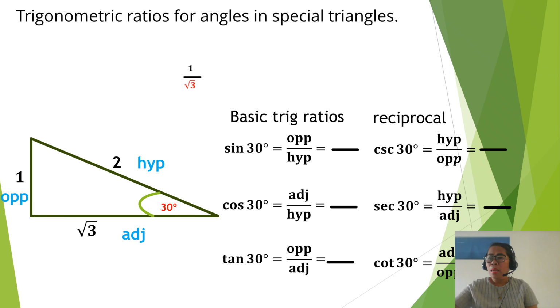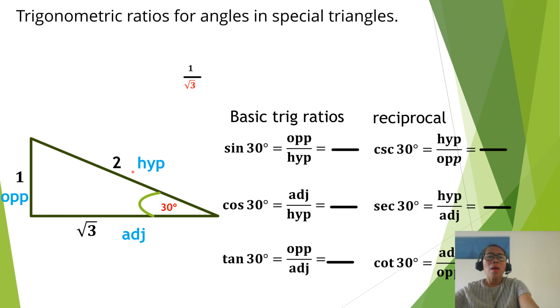So let us try to recall that the 30, 60, 90 is being represented by this figure, that the 30 degrees is always opposite to the shortest side, while the hypotenuse is always twice. Again, the hypotenuse is twice the shortest leg, while the longer leg is the shorter leg times the square root of 3.